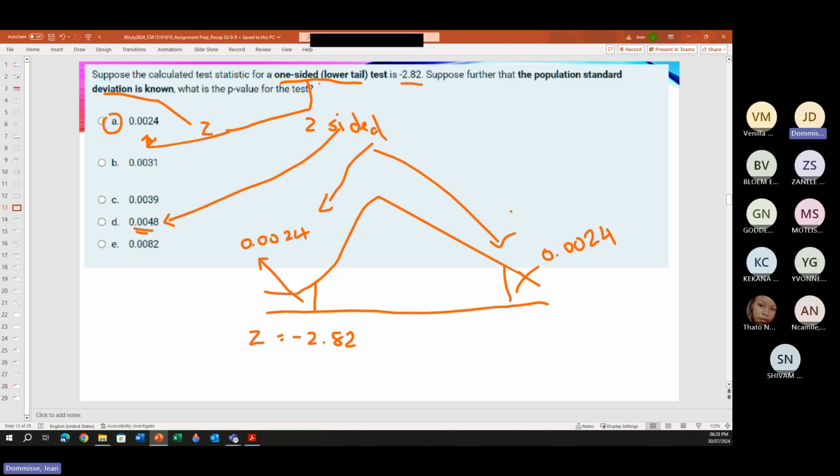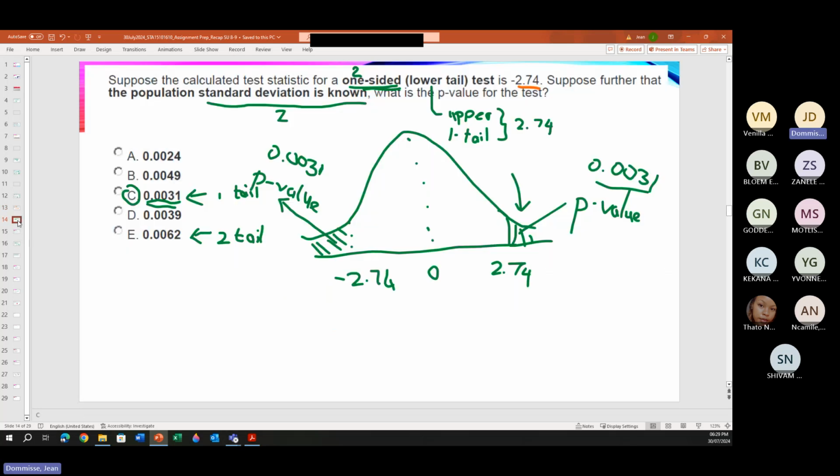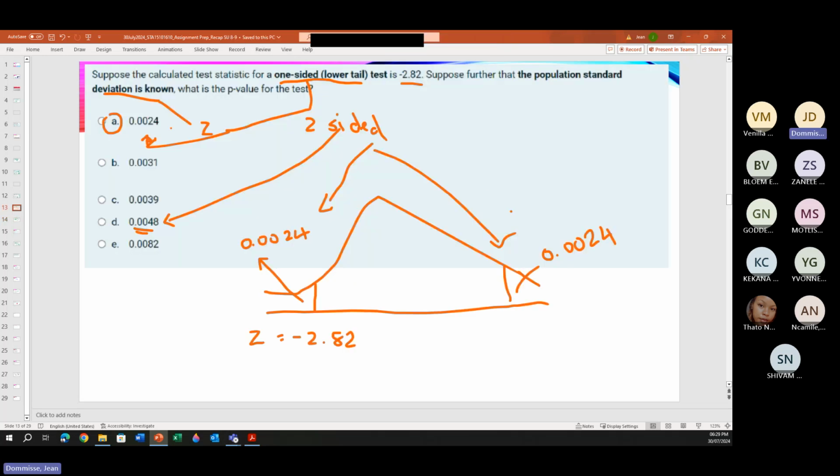For all of these questions that we've dealt with the last week or so, it always has been one-sided. Even the one from the previous, all that they changed was the minus 2.72, which is now minus 2.82.